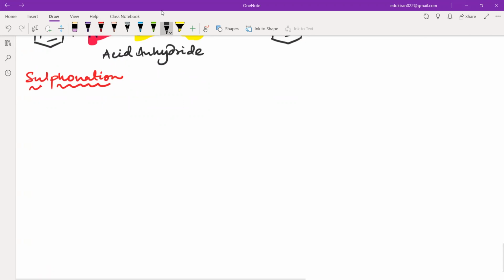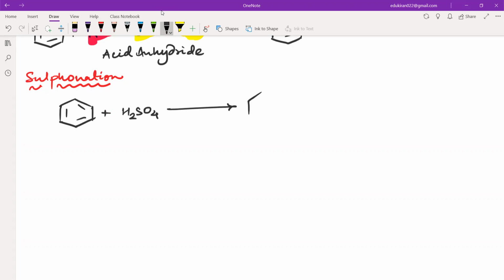Sulfonation. In sulfonation, we use a benzene ring when it is treated with H2SO4. We get benzene sulfonic acid, that is benzene ring with an SO3H group attached.